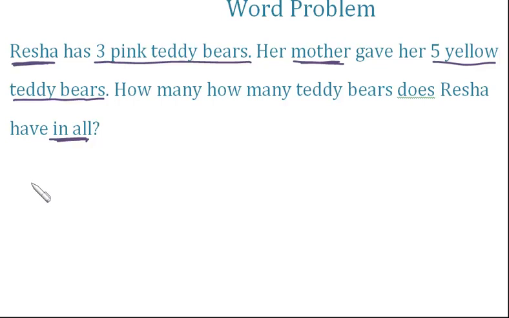Now see here. Resha had, we'll write it in past because she first had only 3 pink teddy bears. But now after her mother gave her 5 yellow teddy bears, she has more. So we'll have to write it in the past.